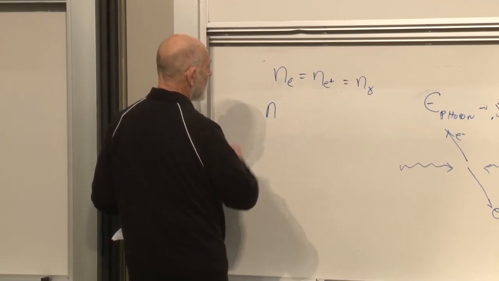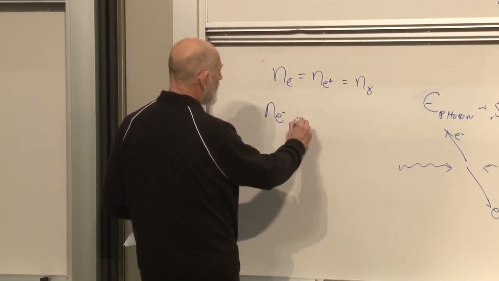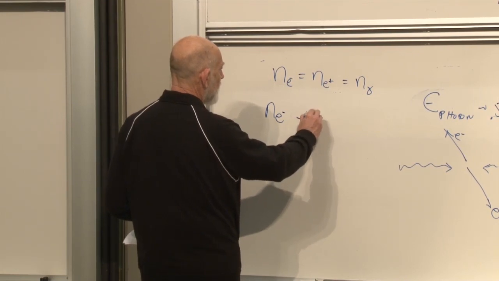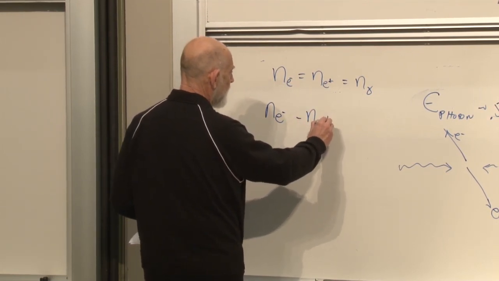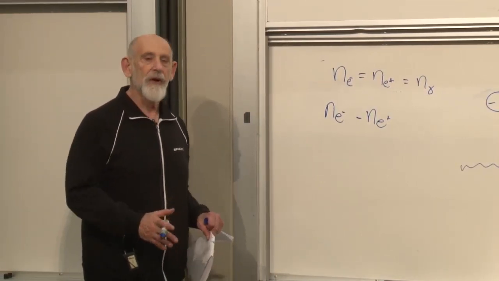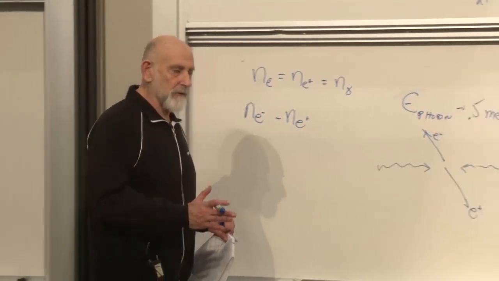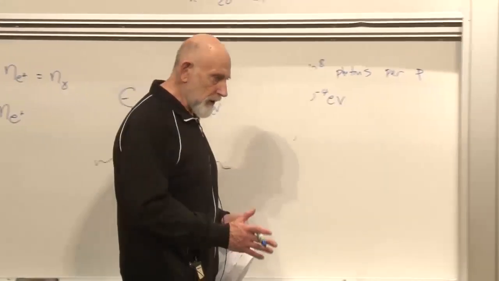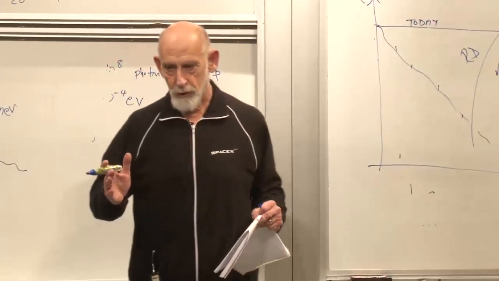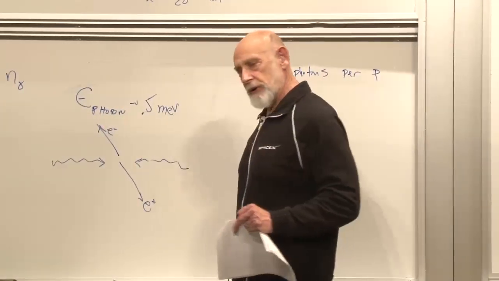The number of electrons minus the number of positrons, that's the excess of electrons over positrons. That doesn't change as the universe cools. What does change is the sum of electrons and positrons.